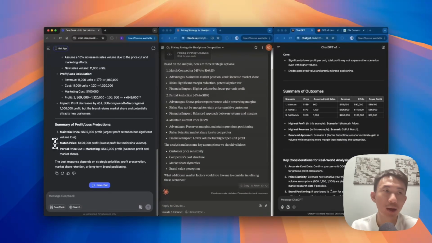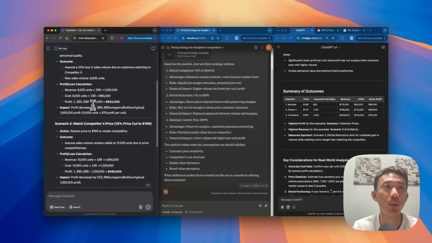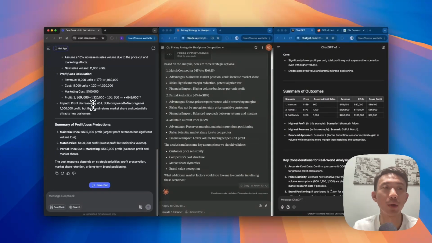I would say the formatting of GPT-o1 is better, but basically the ideas and the directions of the calculation and suggestions are similar between DeepSeek and o1. And if you consider the cost of calculating with DeepSeek-R1, I would still prefer DeepSeek-R1.